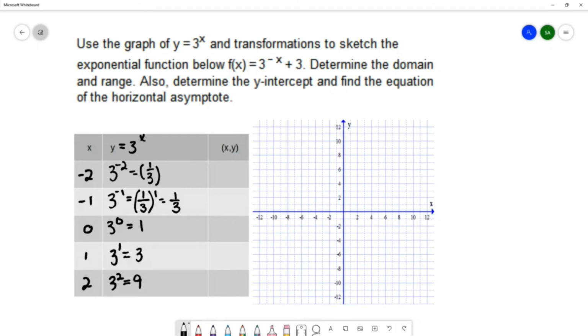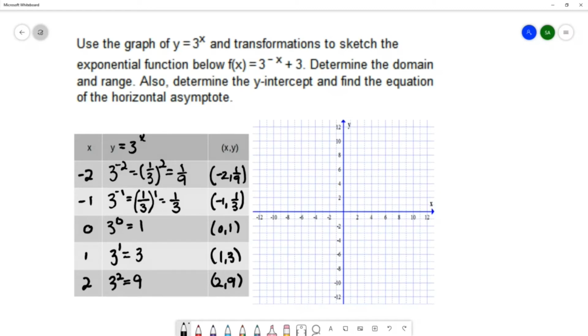That's 1/3 squared, which is 1/9. So this gives us a set of ordered pairs: -2 and 1/9, -1 and 1/3, 0, 1, 1, 3, and 2, 9. And we can get a good sketch of the graph with these 5 points.